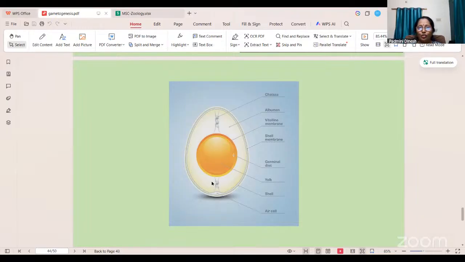Most of the students answer that the yolk is the one that is going to become the chick, and some say the albumin part. Now, the germinal disc, that white spot, is where you have the nucleus, and that is the spot which is going to become the young chick. The yolk is nothing but the food for the development of the chick.